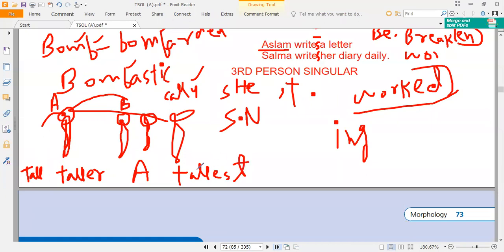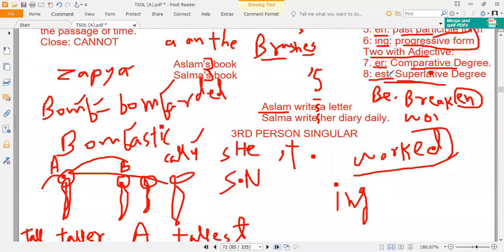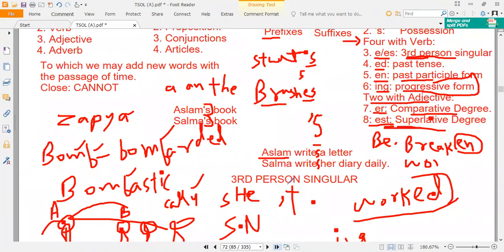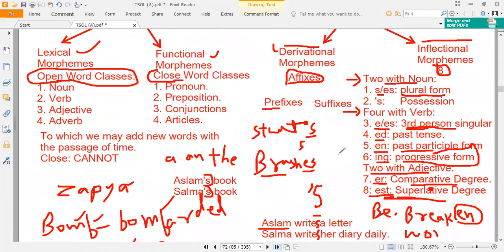Or A is the tallest among his siblings, right? Now, this tallest indicates the superlative degree. So the last inflection morpheme, which is est, is added to adjective to indicate the superlative degree of adjective. So we have got eight inflection morphemes in English language.